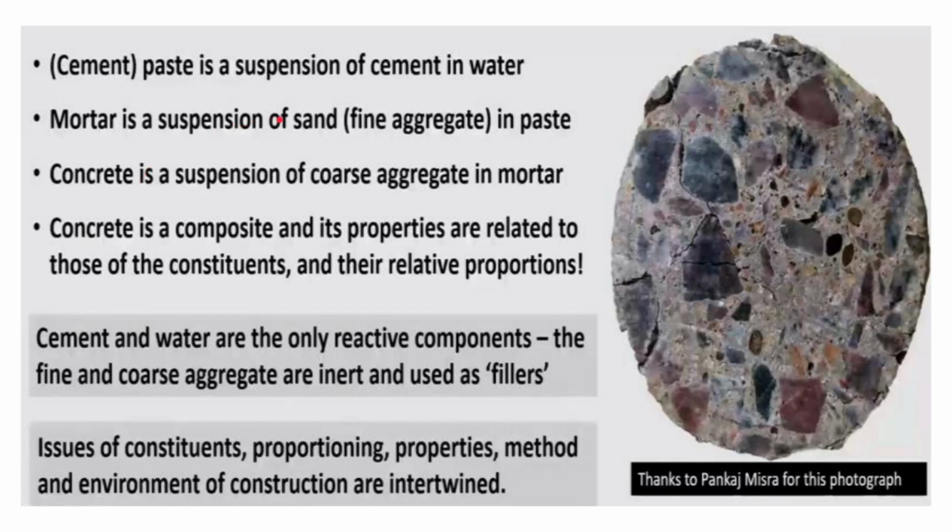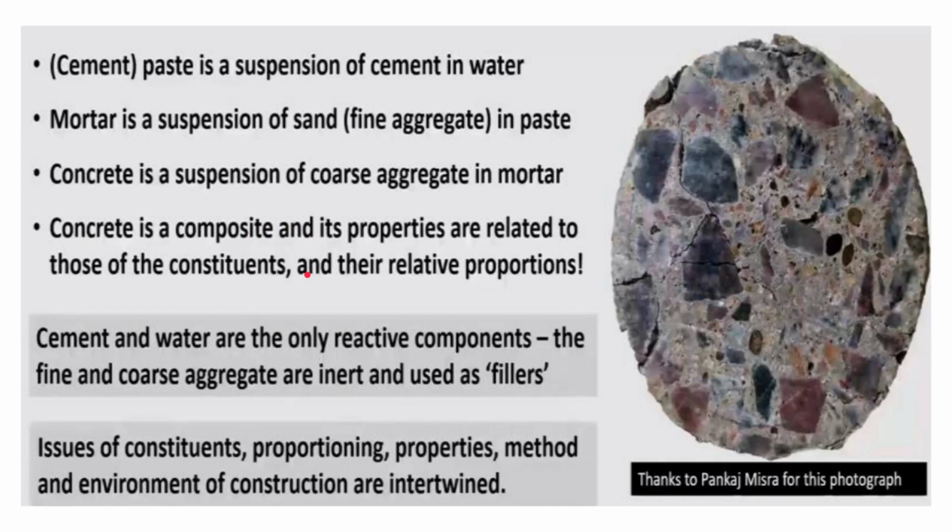The mortar, as we know, is a suspension of the cement paste in sand, or sand in paste. The concrete is a suspension of coarse aggregate in mortar. So basically concrete is a composite whose properties are related to the constituent materials: sand, cement, aggregate and water. They define the properties of the concrete.